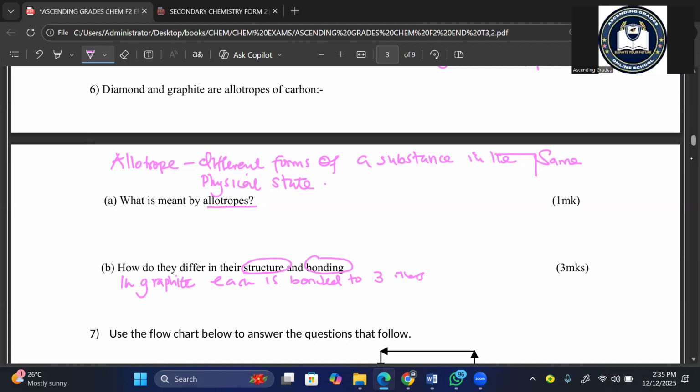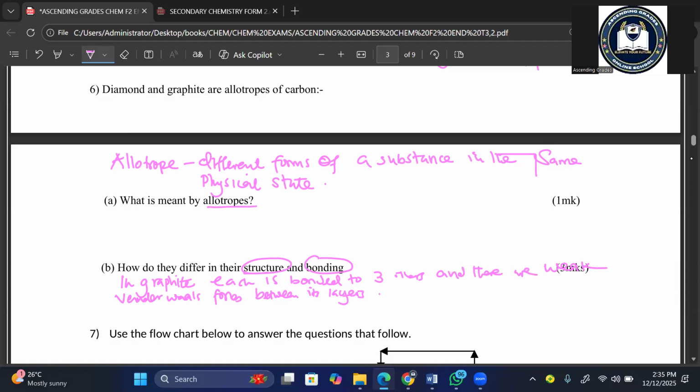And they are, my net is having some issues, and they are weak van der Waals forces between its layers.